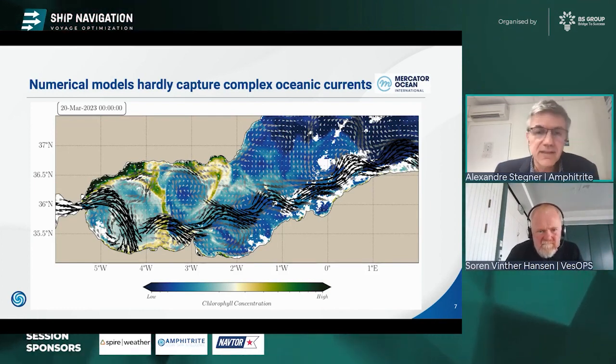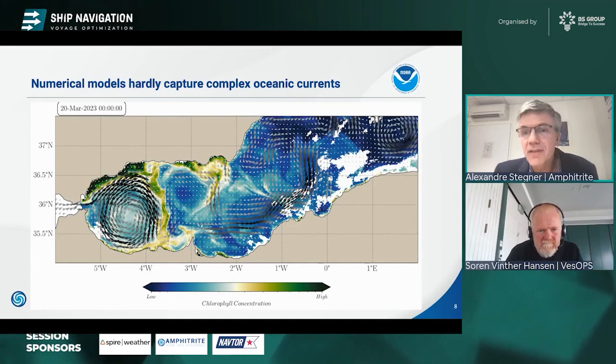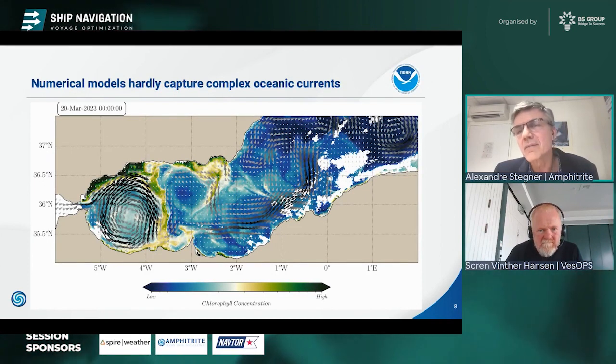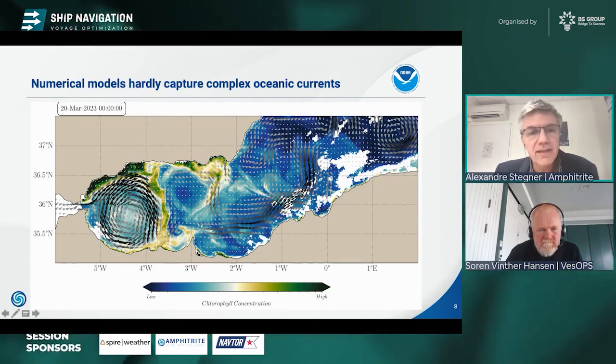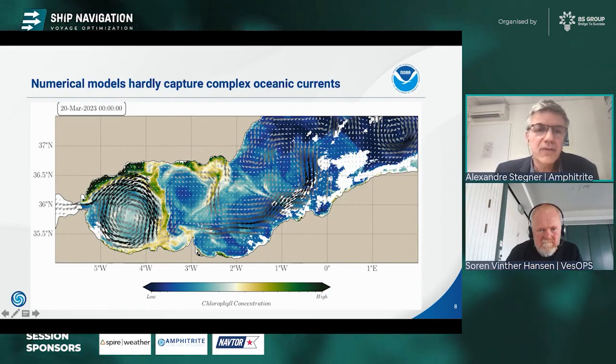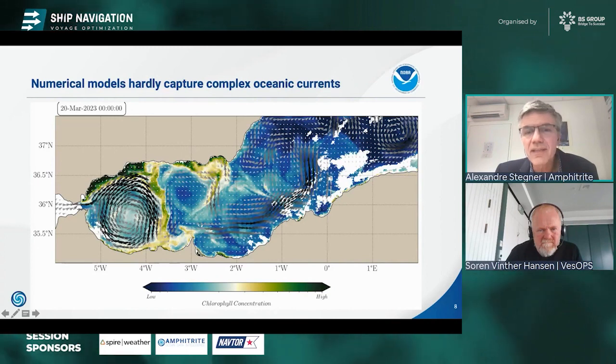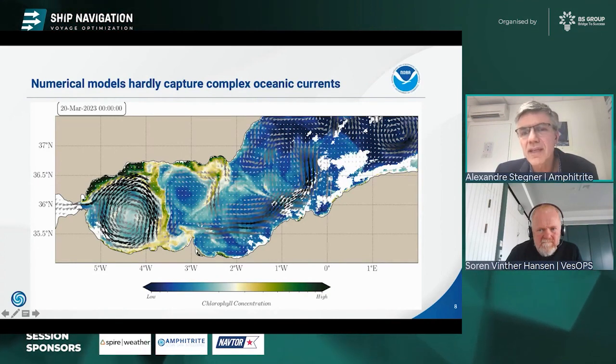And okay, this is one model. If we take another model, the one provided by NOAA, the US model, it captures quite well the big eddies and strong currents just at the entrance, but it totally misses the second ones, and ultimately the ones that follow along the Algerian coast here.